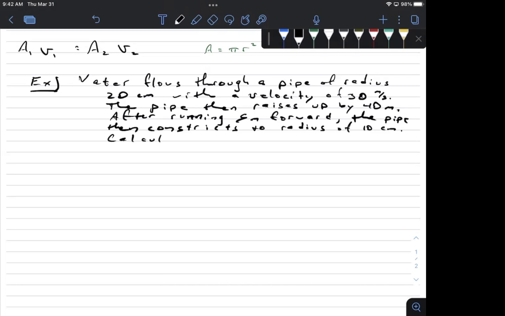Calculate the difference in pressure for the system. So there's our question.